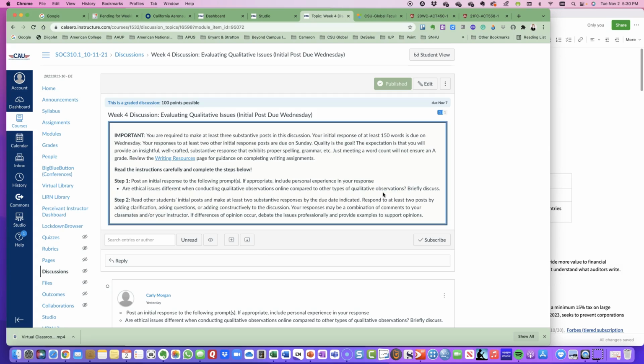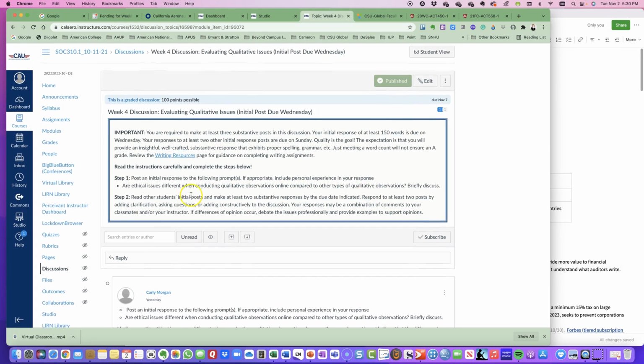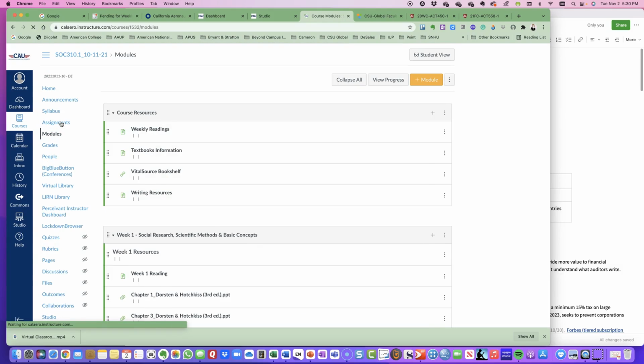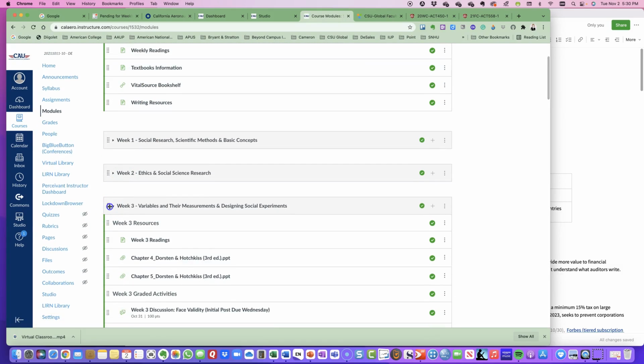And if you do disagree with their opinion, that is lovely, but we want to keep our debates professional and maybe not personal. So we would want to provide examples or evidence such as sources to support your position. And that is our discussion for this week. And I know some of you have already participated, and I've had some responses. So I think that is wonderful.